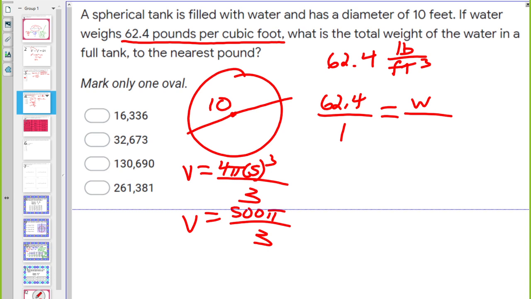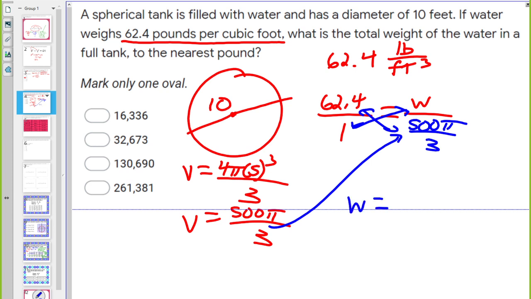The thing is, you're putting a fraction into a fraction. But how do you solve a proportion? You cross multiply, and once you cross multiply, then it's gone. And the nice thing is when you go this way, what's 1 times W? W. I already have the weight they're asking for.